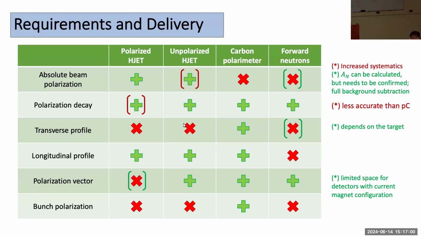There's an additional idea to detect forward neutrons, as large asymmetries were measured in proton-gold collisions in the forward direction. So we try to have a test sometime during the current run to see whether we can really see large asymmetries in the forward direction, where the asymmetry is maybe not 0.04, but from what was published, maybe rather 0.4. So this is much more favorable. We need to test that first.